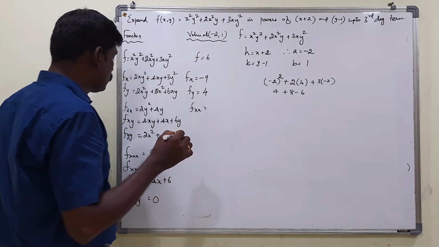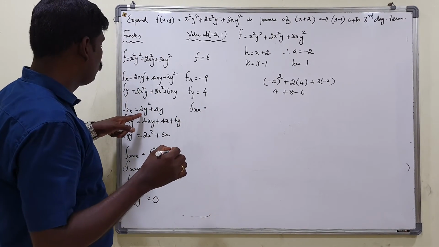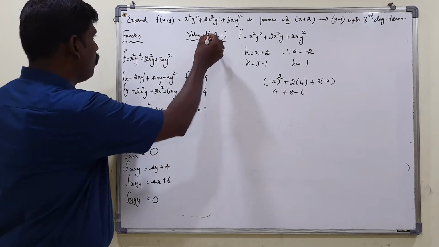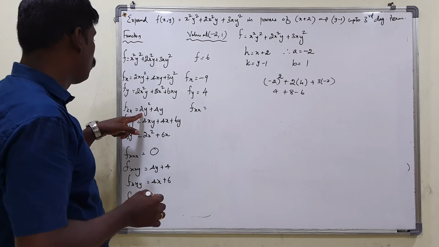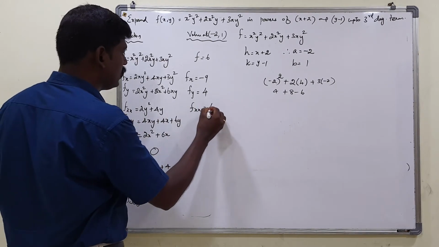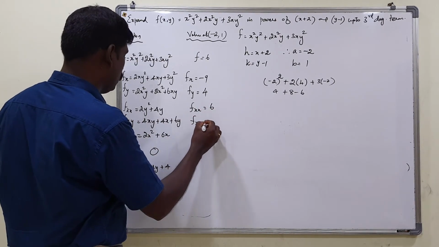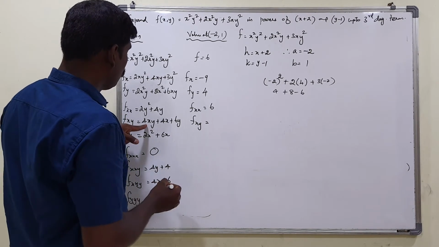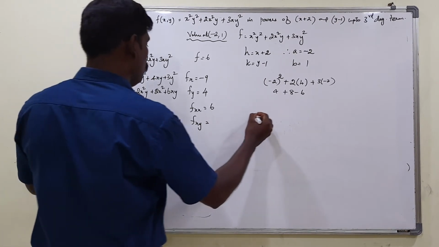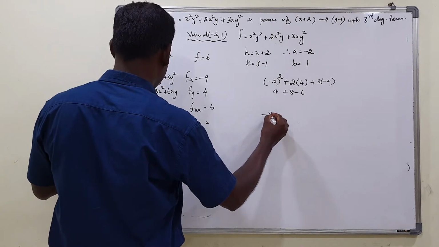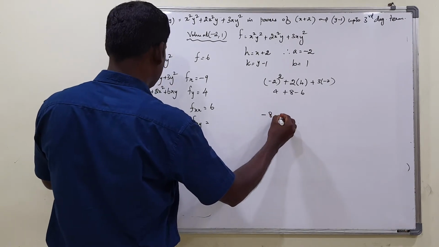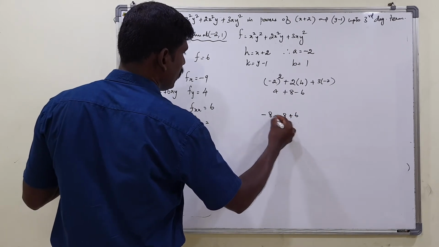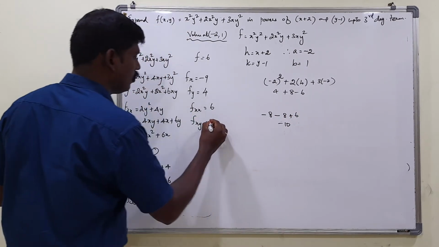And then f double x. What is f double x? Substitute the value minus 2 comma 1 here. So y is 1, so 2 plus 4, 6. And then fxy is equal to 4 into minus 2, minus 8, again minus 8 plus 6, so minus 2. Wait, 4 into minus 2 is minus 8, minus 8 minus 8 is minus 16, plus 6, minus 10.